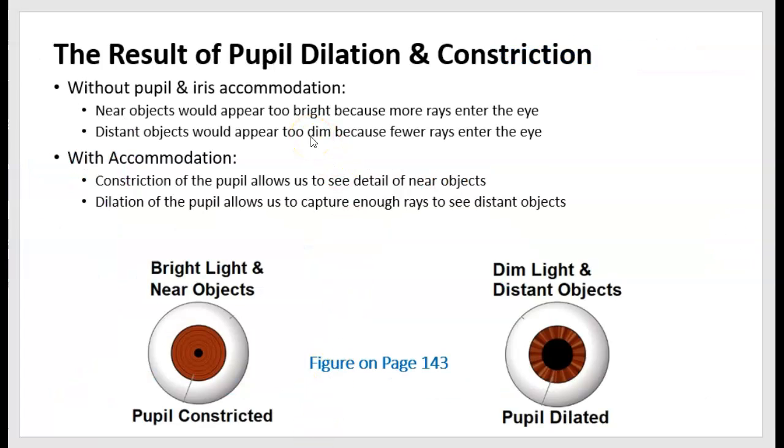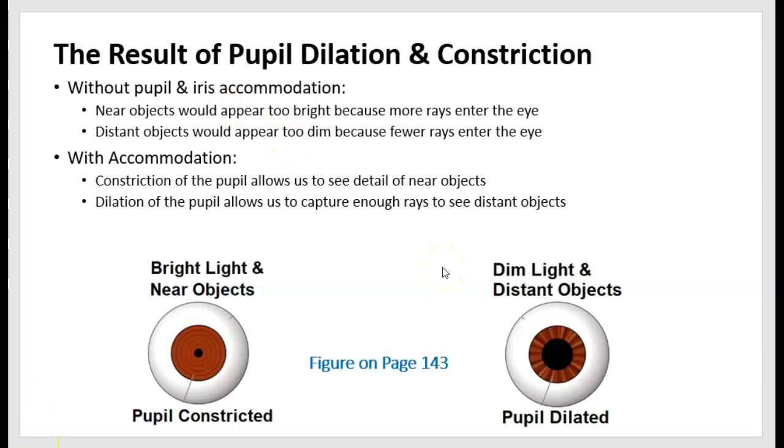So the result of the pupil being able to dilate or constrict helps us with not only limiting or expanding the amount of light rays, but it also helps us see objects that are near versus far.